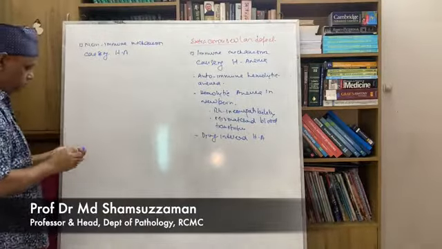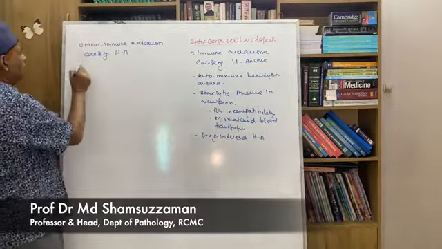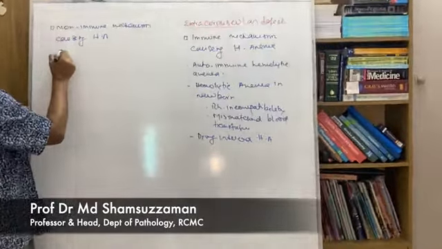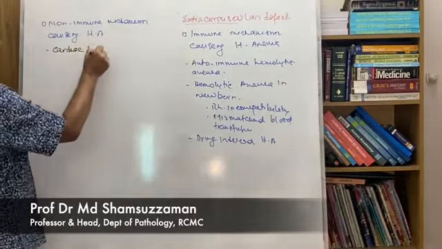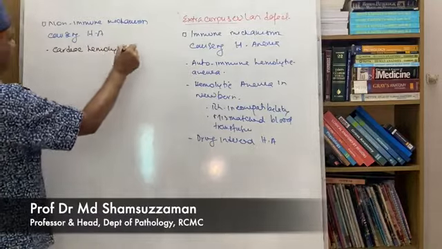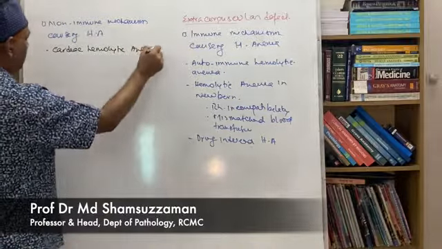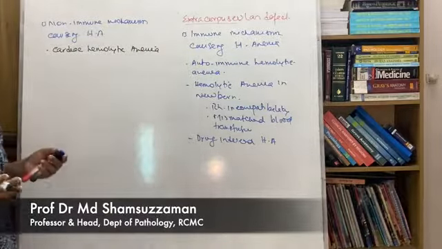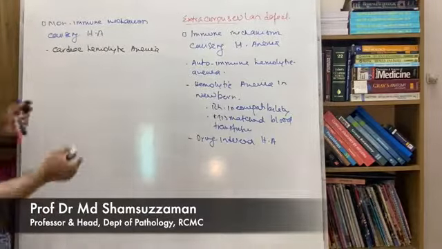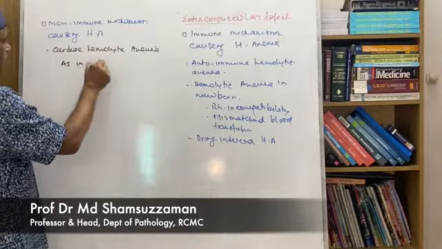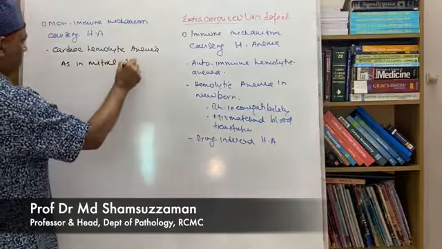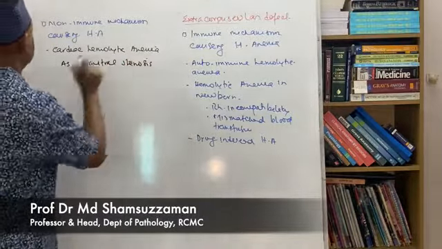What are those? One is cardiac hemolytic anemia. As hemolytic anemia may be seen in mitral stenosis.